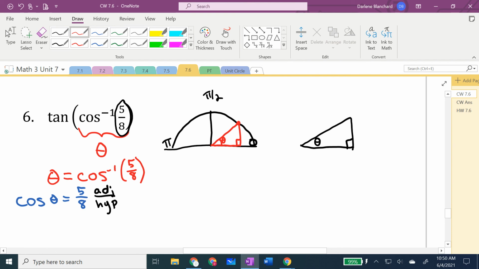And it's no longer the unit circle because I'm dealing with a hypotenuse that is 8, and the unit circle always uses that hypotenuse as 1. Now cosine, again, is the adjacent side over hypotenuse. And just like before, we can find our third side, if we need to, using Pythagorean theorem.